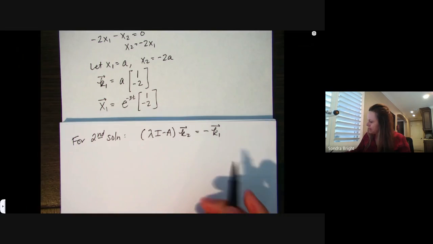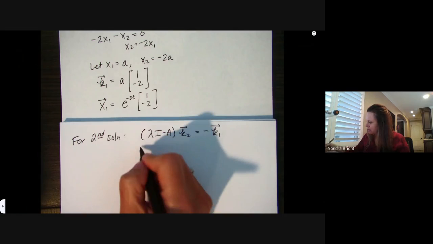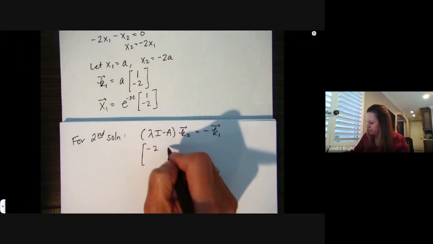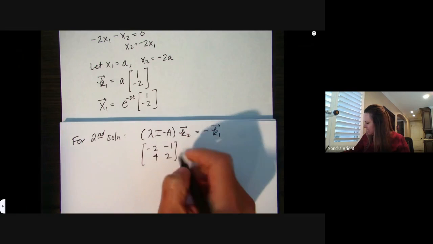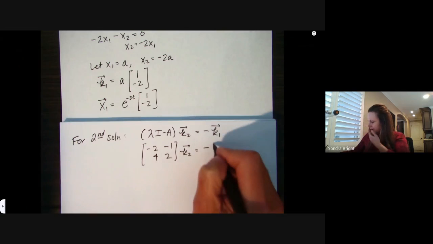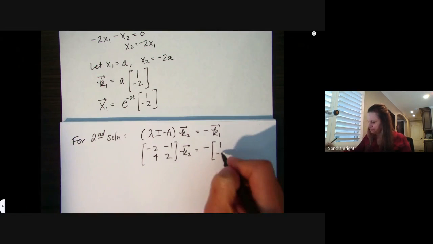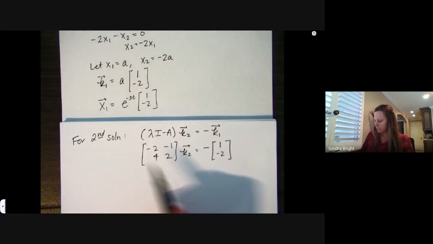So lambda I minus A was negative 2, negative 1, 4, and 2. And multiply that times k2. And that would equal the opposite in sign of 1, negative 2. So we want to solve this, and I'm going to use a matrix to do it.